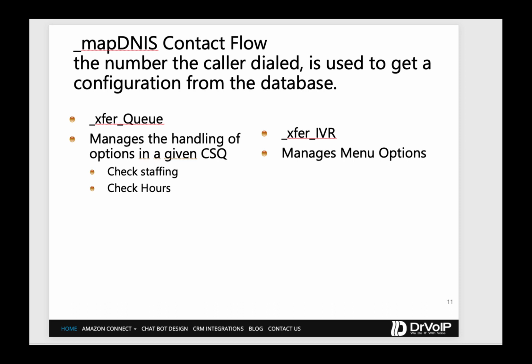So the contact flows, again, the DNIS is going to be used to go into the database and pull out the information we need. Typically, it's going to transfer the call off to something called transfer to queue, which is a contact flow that manages the handling of the options for a given customer service queue, things like check the staffing, see if anybody's working, check the hours of operation, etc. And also the option would be to transfer them to an IVR menu, and this would manage the handling of that call that's in the menu of options that is offered to the caller.